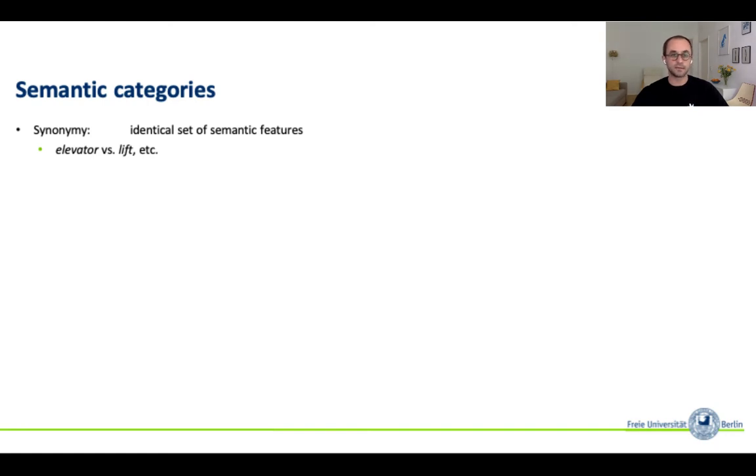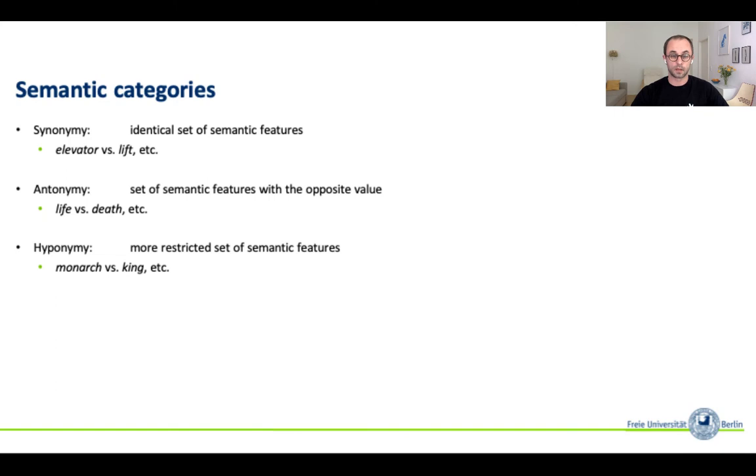So, for example, elevator and lift would have the same semantic features because they mean the same thing. They refer to the same thing. Antonyms would be words that share a set of semantic features with the opposite value, right? So life, death. Life would be plus life, death minus life, something like that.